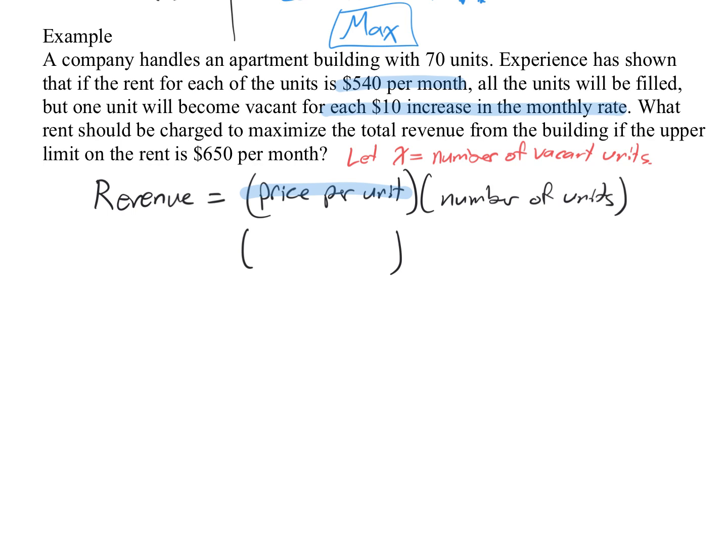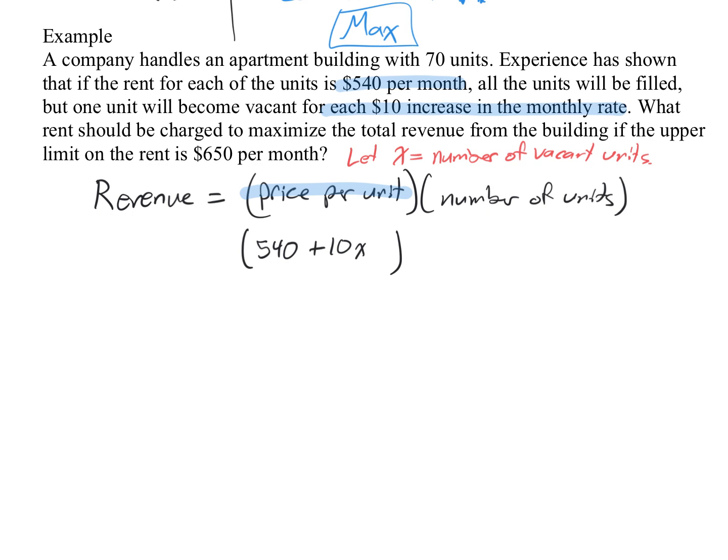So the way I'm thinking about this, we have a $540 baseline, where everything will be filled if that's the price we choose, but we can choose to add on $10, and we're going to do this x number of times. If I increase the price by $10 one time, I'm going to have 1 vacant unit. If I increase the price by $10 5 times, I'm going to have 5 vacant units. So hopefully you're seeing how x is the number of vacant units, and how that corresponds to setting up the price for this revenue function.